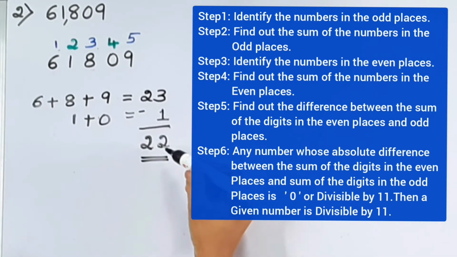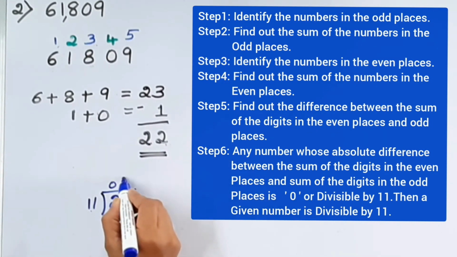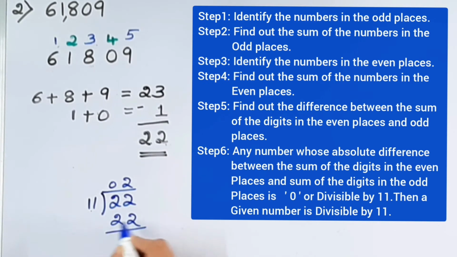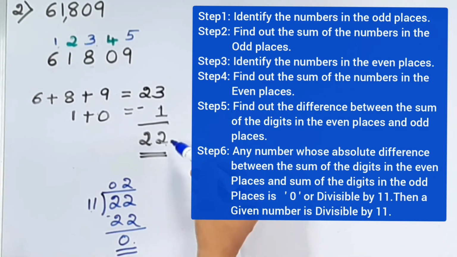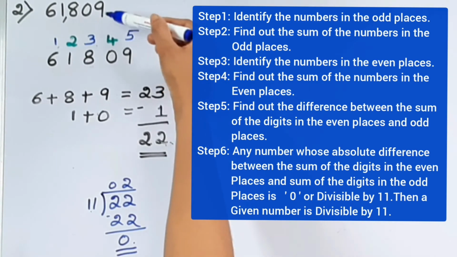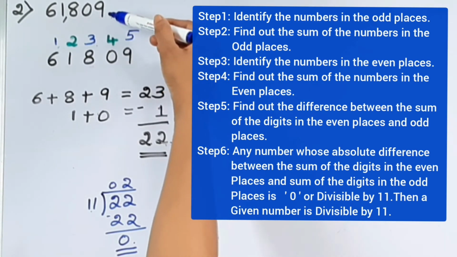Here the difference between the sums of odd places and even places is 22, and 22 is divisible by 11. 11 2s are 22. 22 minus 22 is 0. Since the remainder is 0, 22 is divisible by 11. Since 22 is divisible by 11, 61,809 is also divisible by 11.